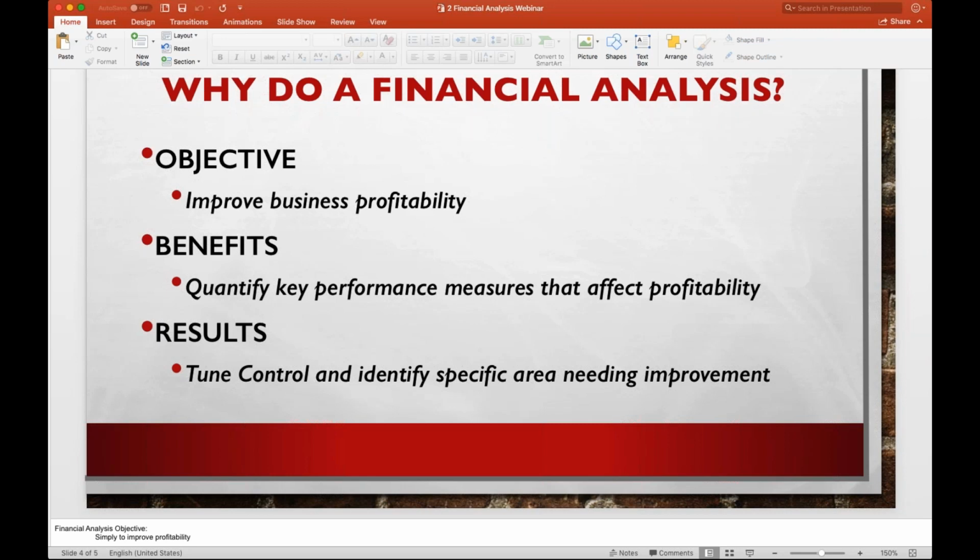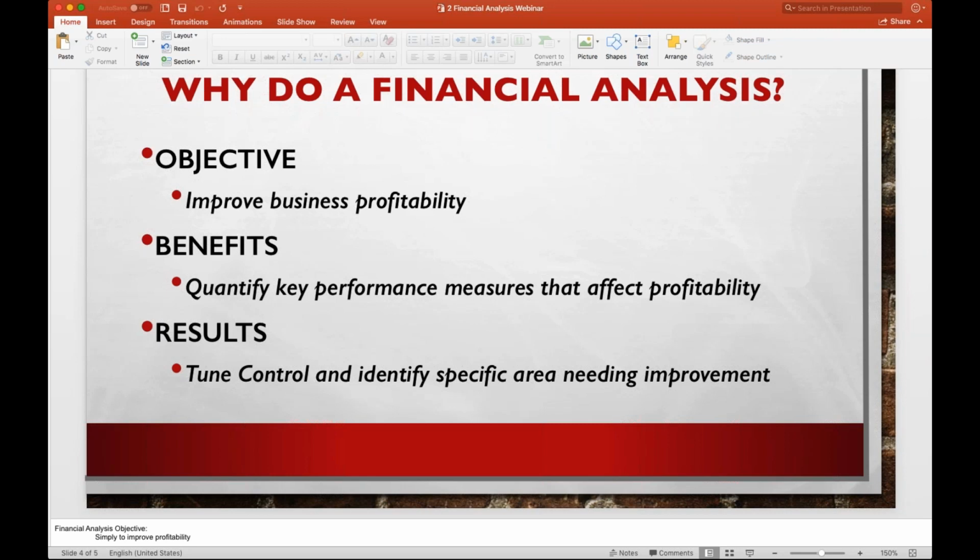You can't simply increase sales. You can increase the dollar value of a net profit, but you can't increase the net profit as a percent of sales without a combination of increasing sales and or reduction in the various costs.